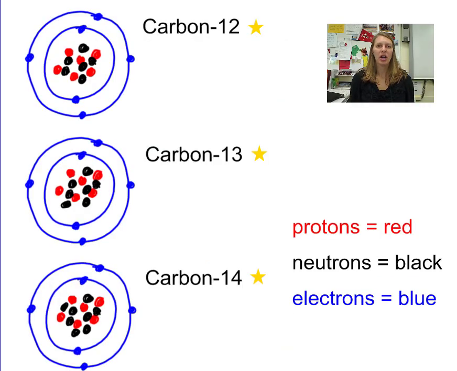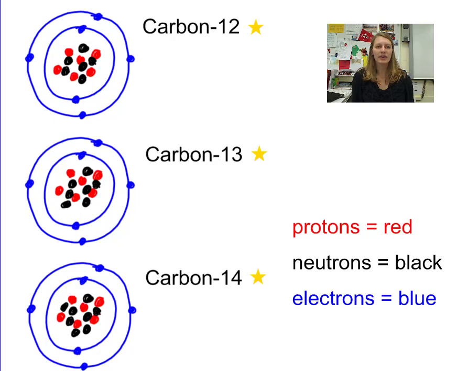Here's an example with carbon, and we have 3 different isotopes of carbon. And as you look at these, consider what is the same and what is different between these 3 isotopes. Hopefully you are realizing that the number of protons is the same for carbon.